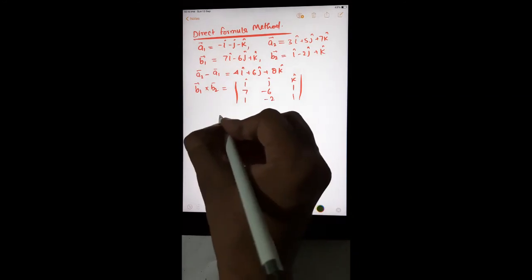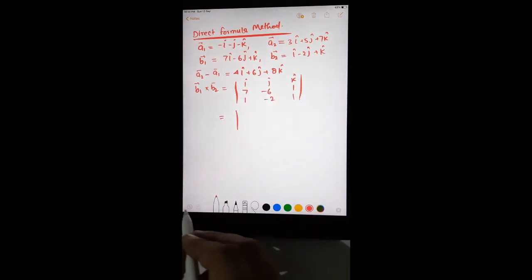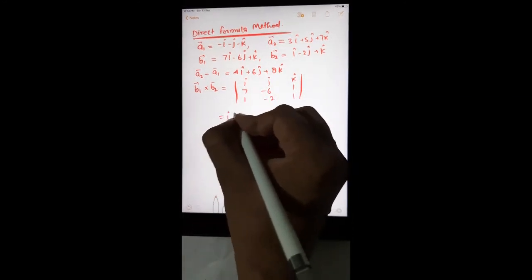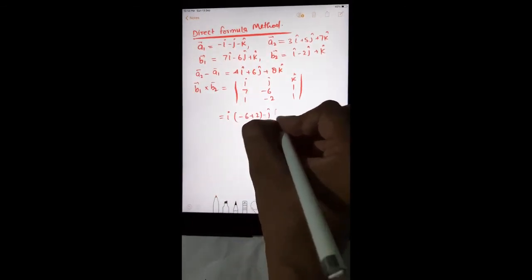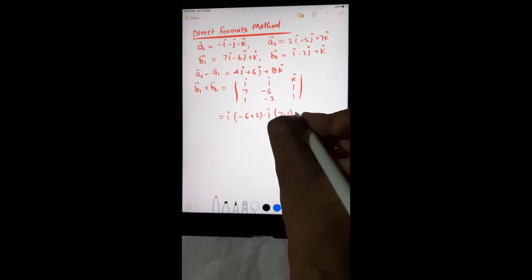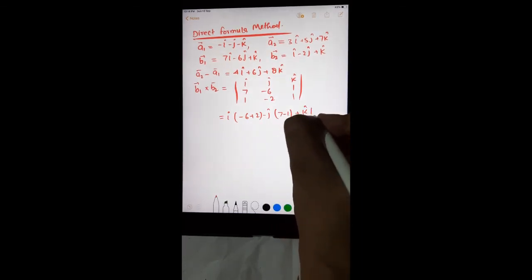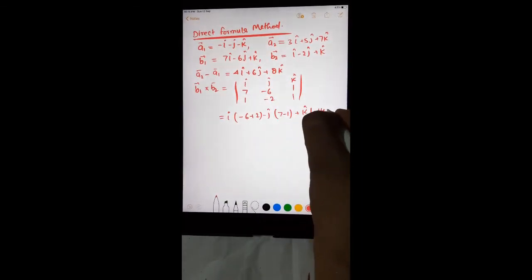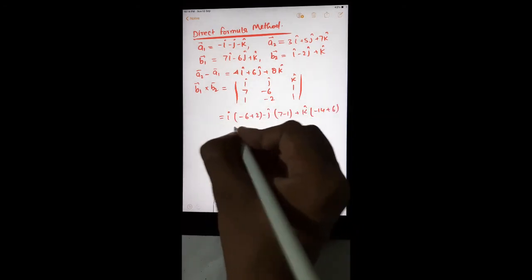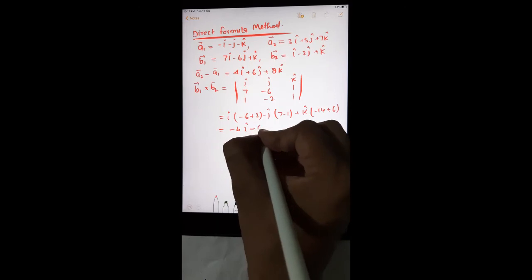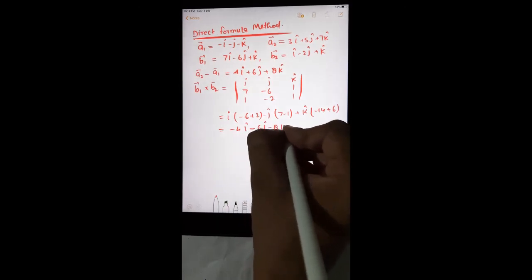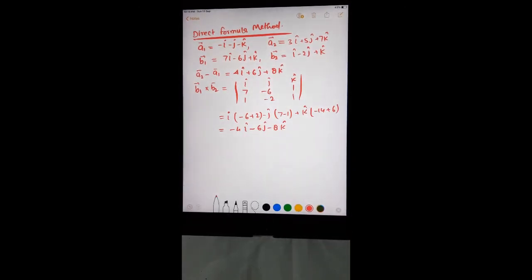So we get i times (minus 6 plus 2), minus j times (7 minus 1), plus k times (minus 14 plus 6). So we get minus 4i minus 6j minus 8k. This is B1 cross B2.